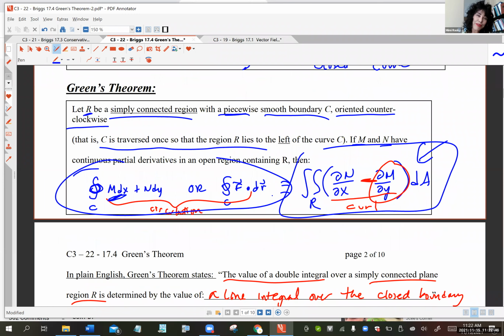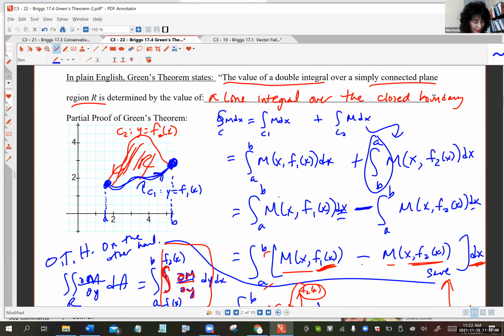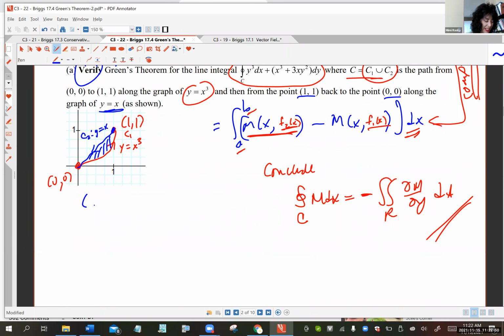So let's start. It's going to take some time. Left-hand side, LHS stands for left-hand side. I have to do the line integral F dot dr for the whole entire curve, but the curve is piecewise.